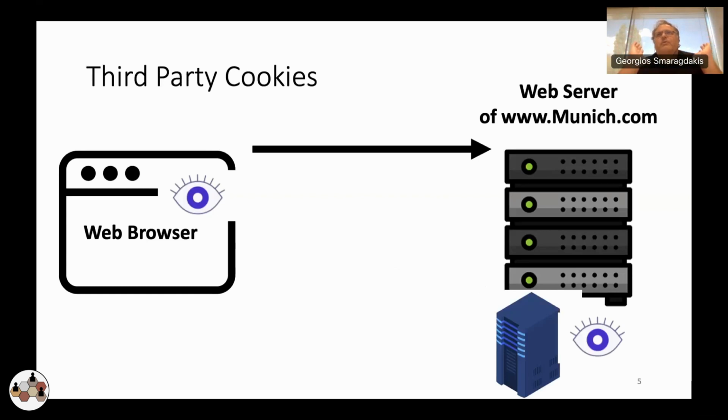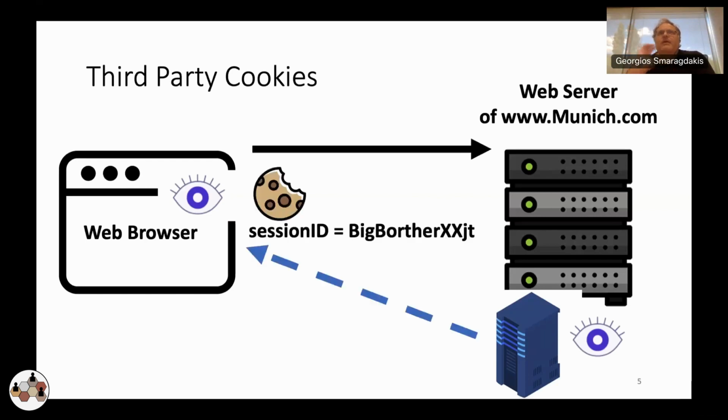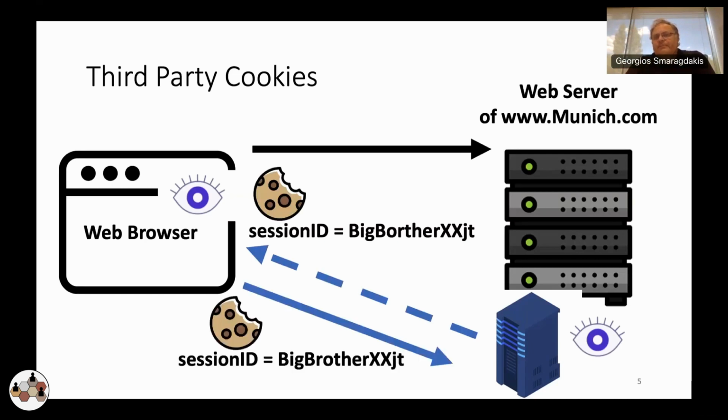So, for example, you may want to visit www.cnn.com, but you may also get a connection to a Google web server. Again, cookies are used, but you get a different cookie from a different entity, a third-party entity that you didn't know you visited. And this cookie is actually used in your communication.